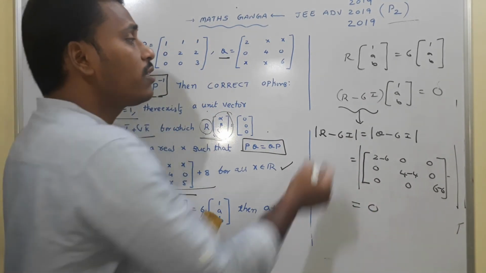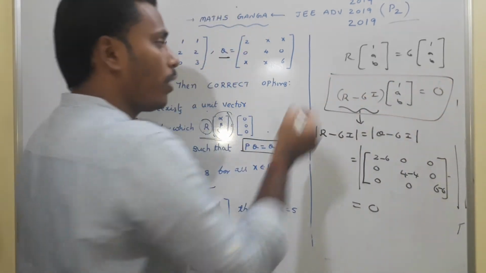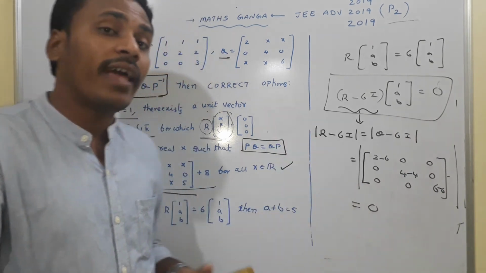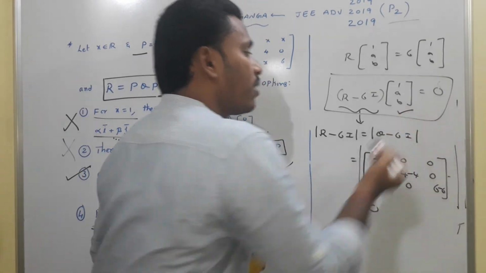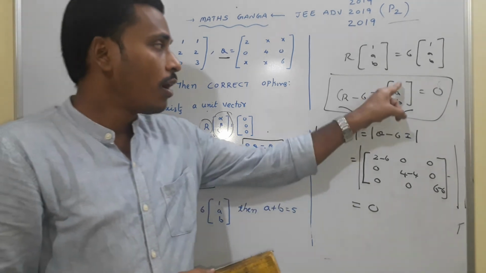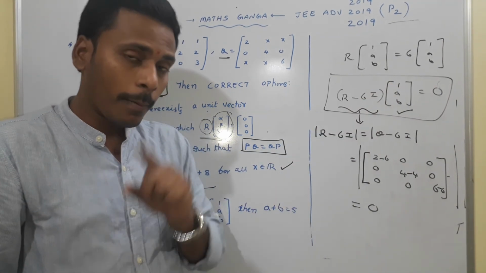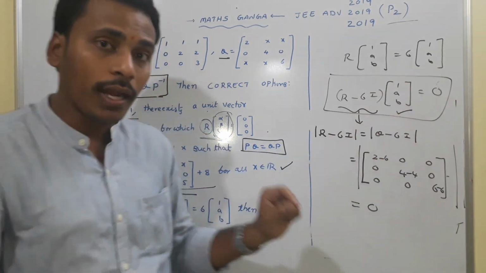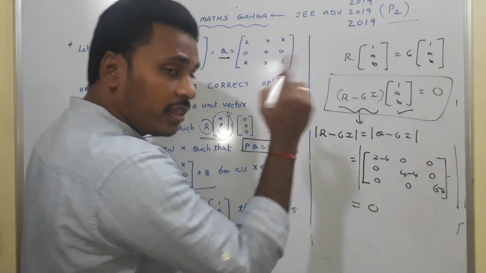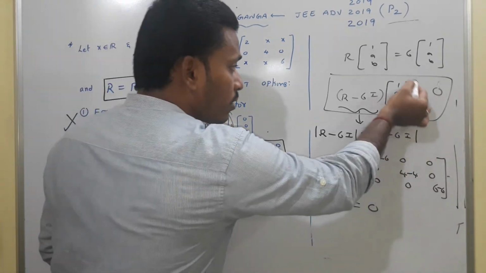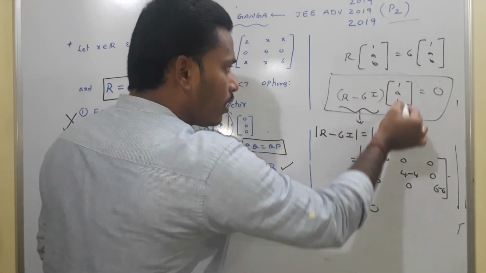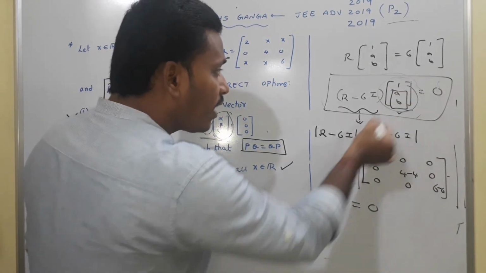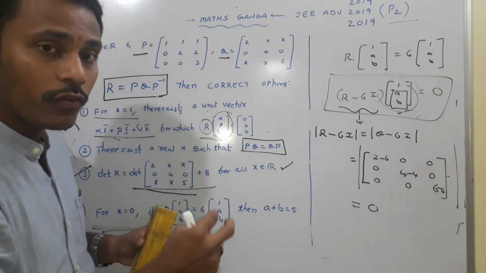Right? See, this is the system of homogeneous equations. Since the determinant of R minus 6I is 0, there exist an infinite number of solutions for this variable matrix [1, a, b]. Usually we have 3 variables, but here they mention one variable as 1. So, with the logic of a system of homogeneous equations, if you solve this, directly we will get a relation between a and b, that is, a ratio between a and b.